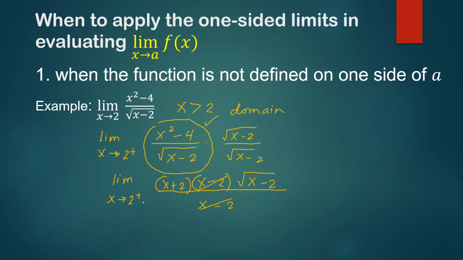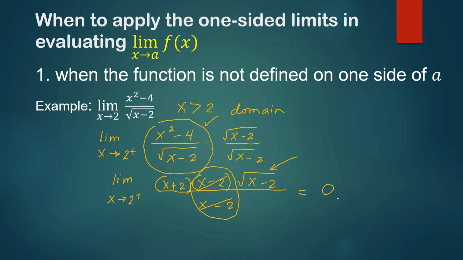But as x approaches 2 from the right, though this fraction will be approaching 1. Yan. 2 from the right, so this factor will approach 0. Okay? Kasi lumalapit siya ng lumalapit sa 2, di ba? Kahit manggaling siya sa right, say 2.001 minus 2, almost 0 din yun. So, this factor is approaching 0 multiplied by that positive number. 0 times a non-zero number, that will be 0 pa rin.